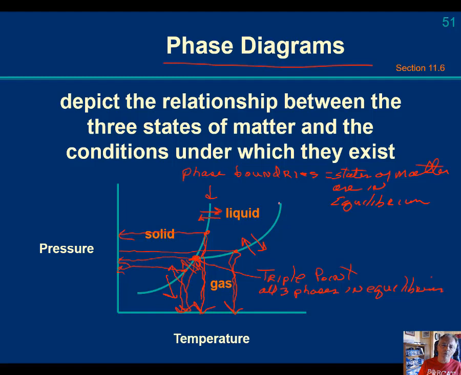Okay, there's another point I want you to be aware of. This is called the critical point. And the critical point is a combination of temperature and pressure where the distinction between liquid and gas phases disappears, and you can no longer condense a gas to a liquid beyond the critical point.